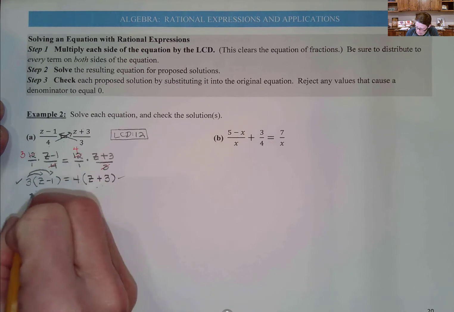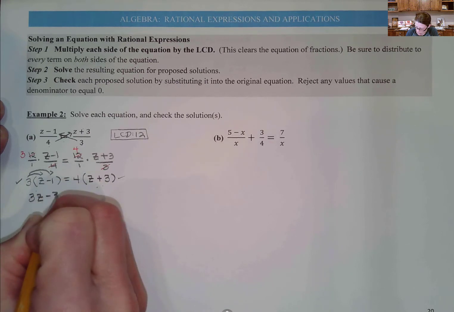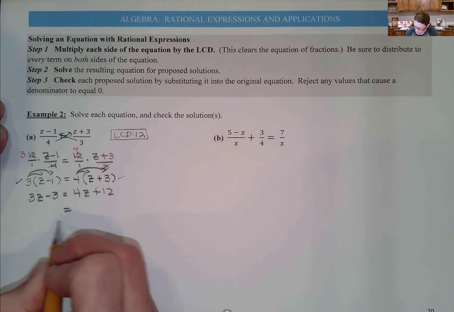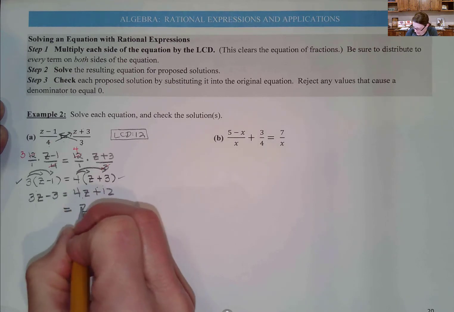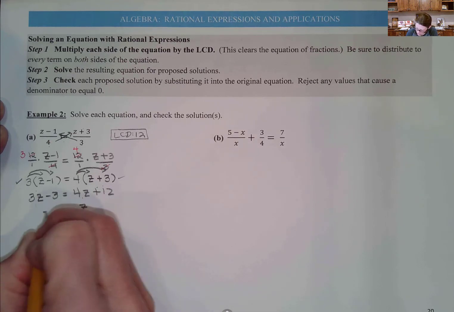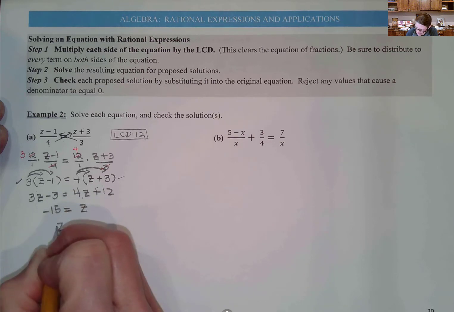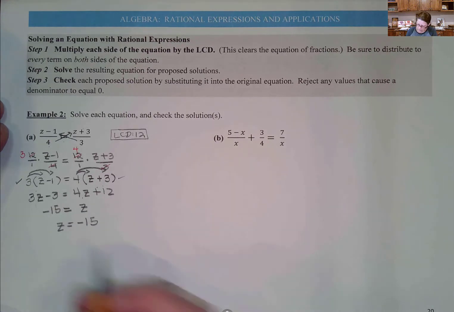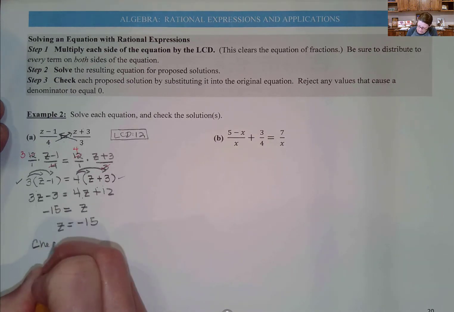Distributing on the left, we obtain 3z minus 3. On the right, that's 4z plus 12. If we subtract 3z from each side and subtract 12 from each side, we obtain z is equal to negative 15. Just a quick check of that.